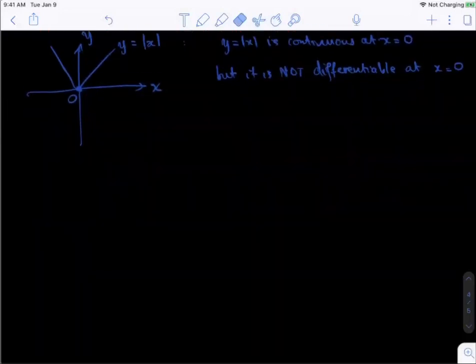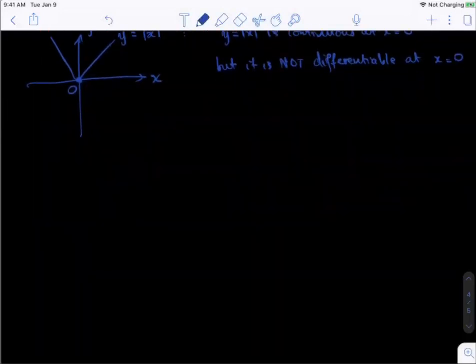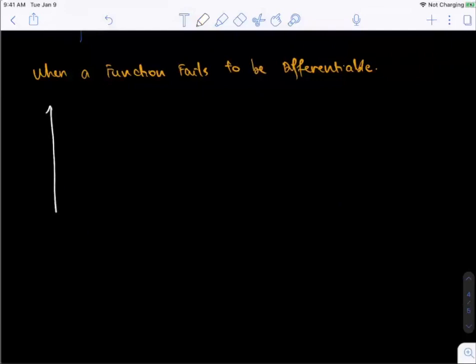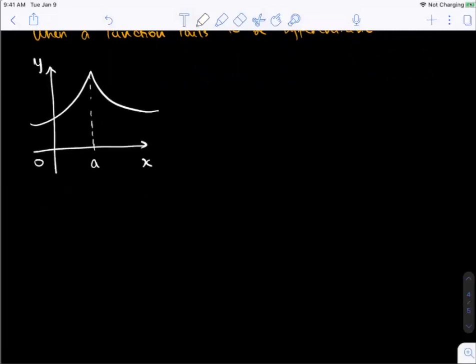When a function fails to be differentiable, there are three cases. I'm going to draw something first, and then I'm going to write down the name. For example, I have this type of function. When you have a corner or a kink, then that is not differentiable.